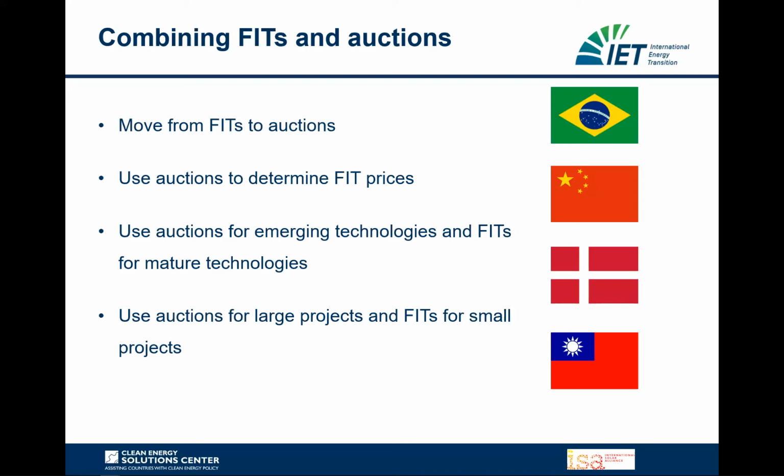And therefore, they're much more comfortable also from a risk perspective with the feed-in tariff, whereas larger scale project developers, say above 10 megawatt or sometimes above 1 megawatt, sometimes above 40 megawatt, can actually deal with all the requirements of an auction and compete with other project developers within this competitive procurement framework.